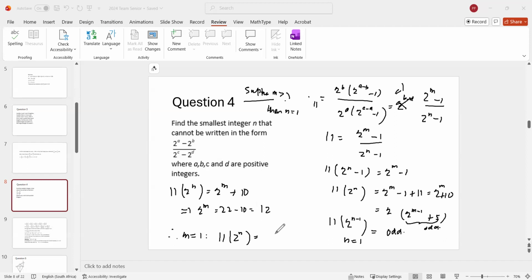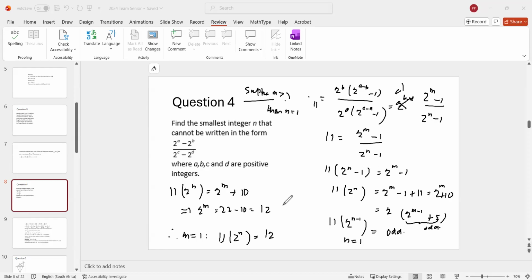So 2 plus, again, you got 12. So no multiple of 11 is equal to 12. So this is also impossible. Right. So in other words, it's impossible. No matter which way you turn, you'll get to an impossible situation.